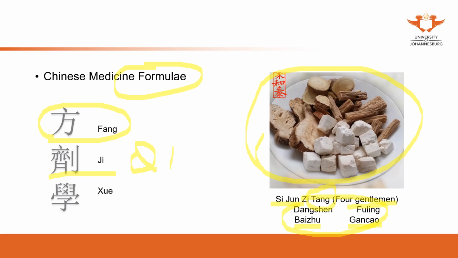What is the relationship among these ingredients? What is the ratio of these ingredients? Why do you increase one of these ingredients while you reduce the other one? How will the increasing and the reducing affect the function of this formula? So this is the information that we're going to study.